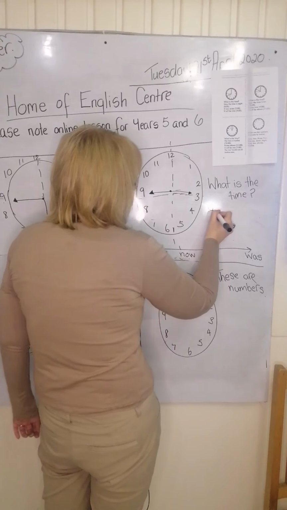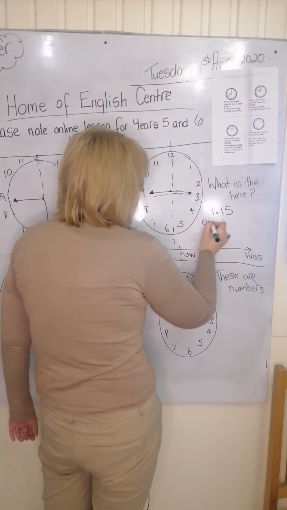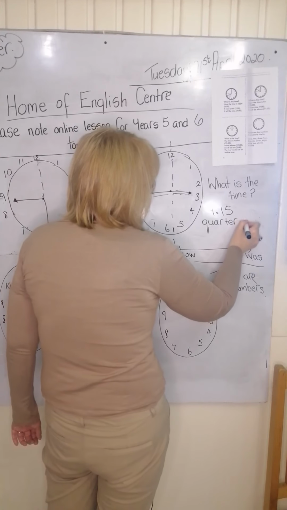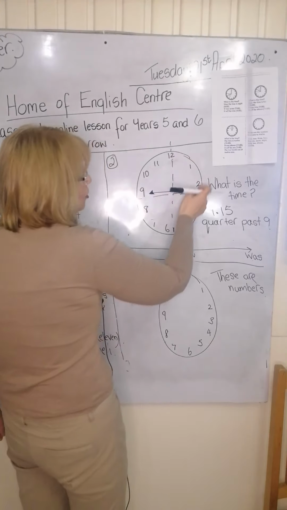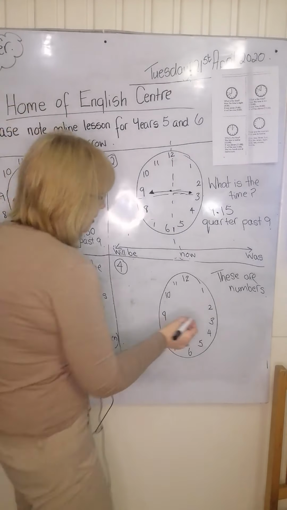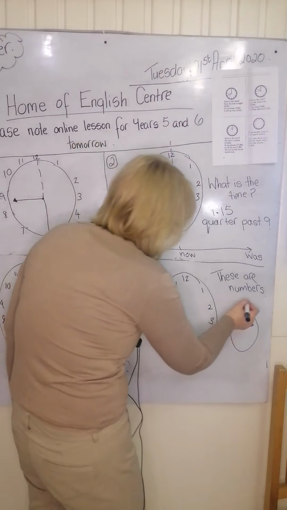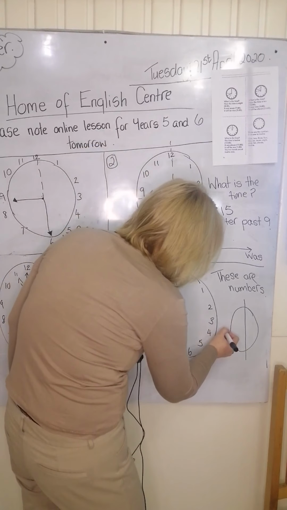So we can say it is 9:15 or quarter past 9. It has gone a quarter of the way around. So if you could imagine, your clock looks like this. There's the half, there's the quarter.